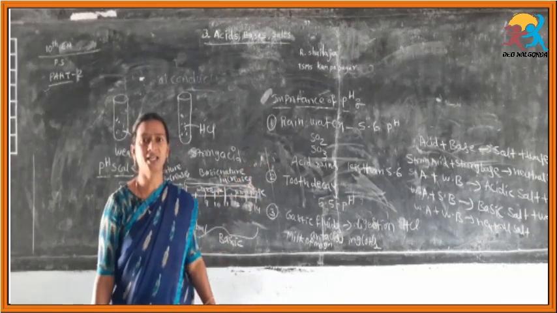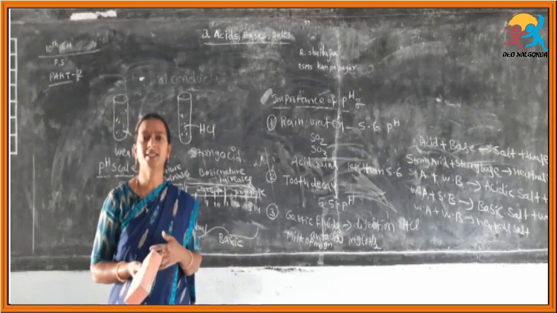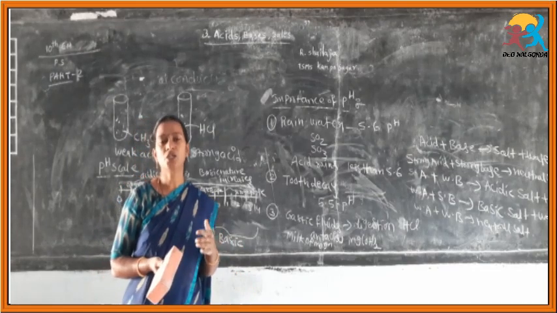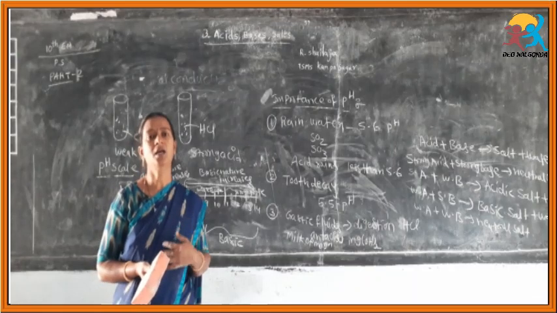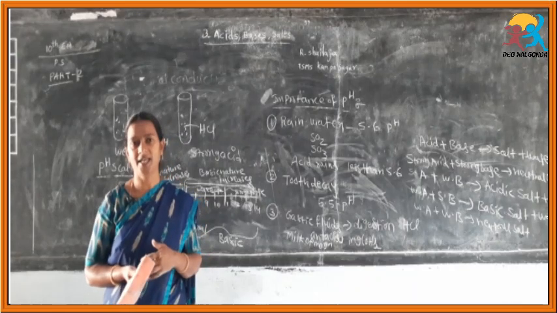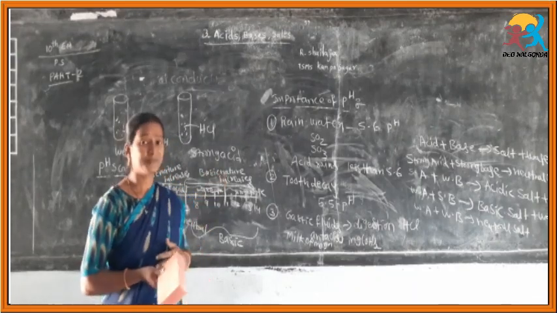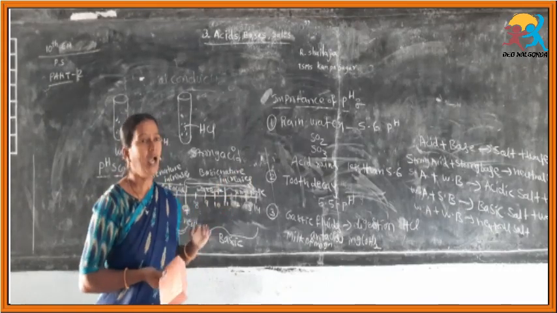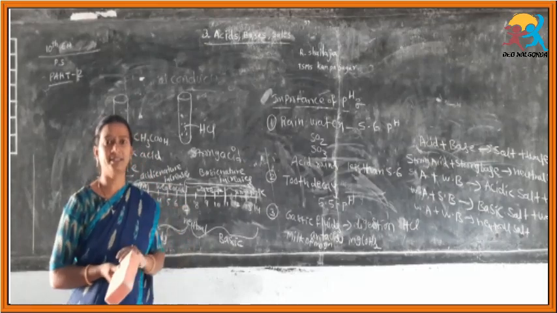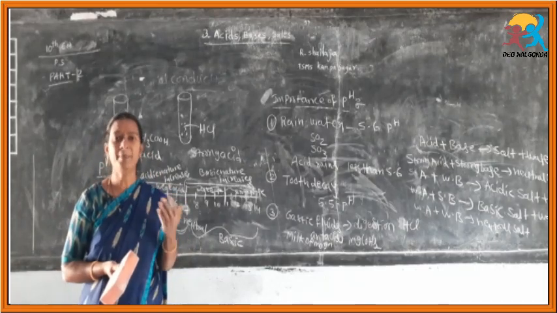Next, the HCl gas. Dry HCl gas does not show its acidic nature on dry blue litmus paper, but on wet blue litmus paper the HCl gas shows its acidic nature. Next, the strength of acids and bases.